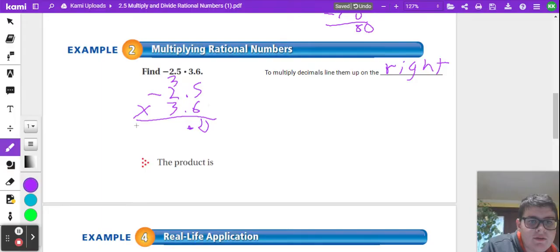So we've got negative 12 plus negative 3, so that'd be 15. So negative 15.